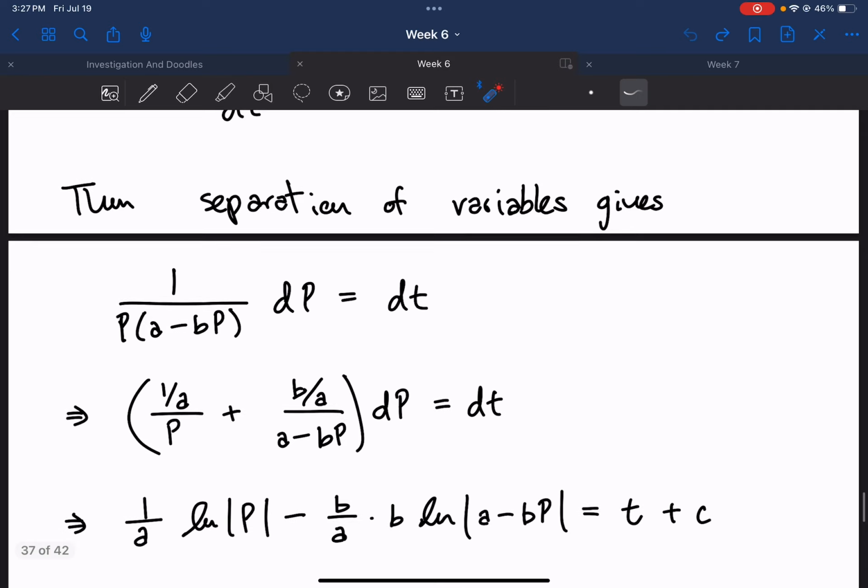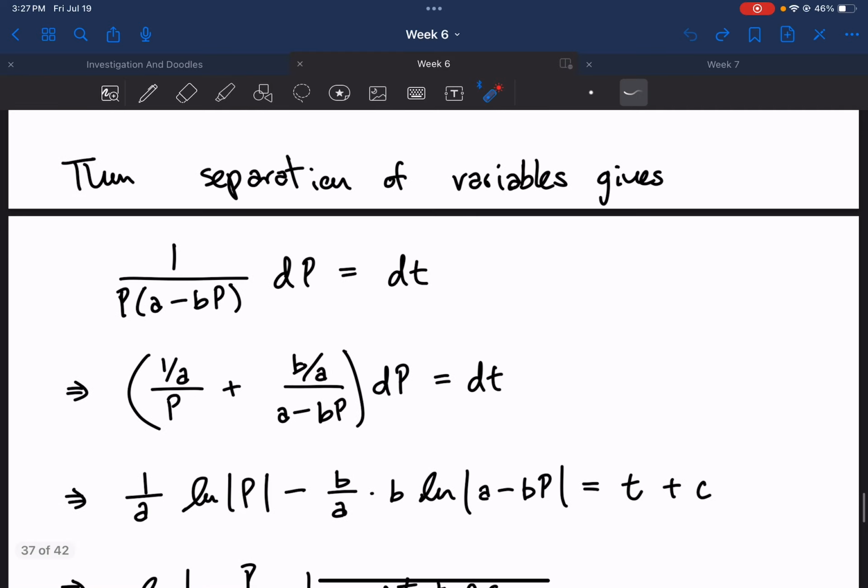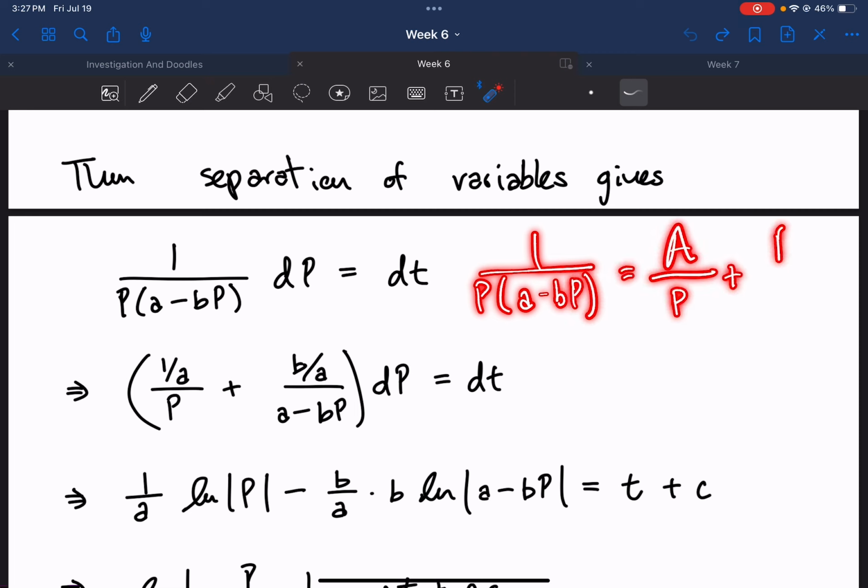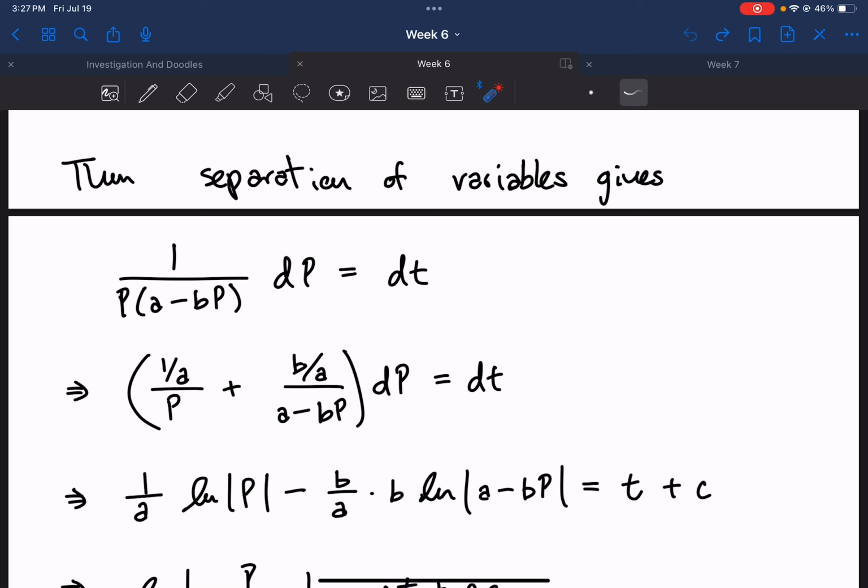You can figure this out if you do the partial fractions. If you write 1 over P times (a minus bP) equals some big A over P plus some big B over (a minus bP), and you do the partial fractions on that, you'll get 1 over a and b over a.